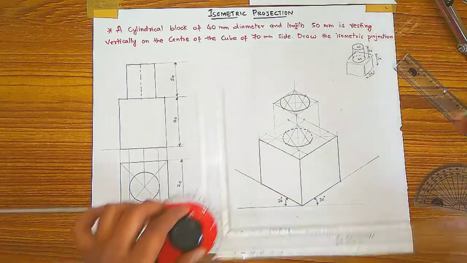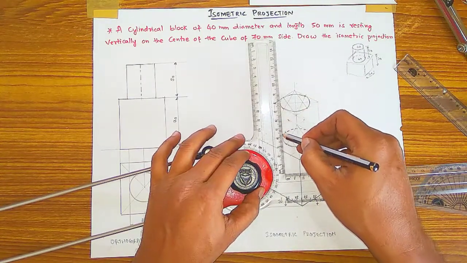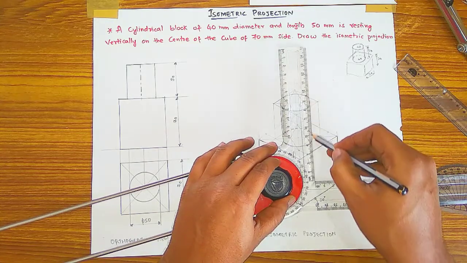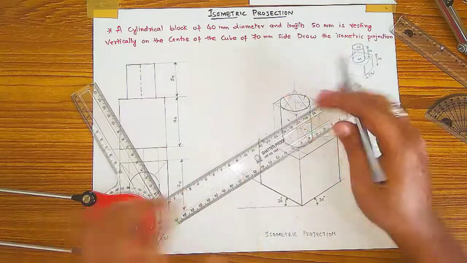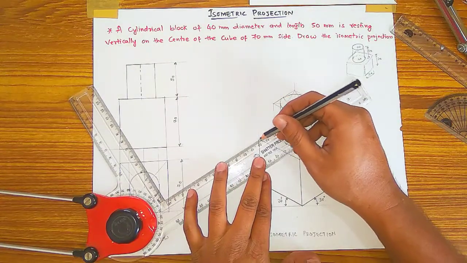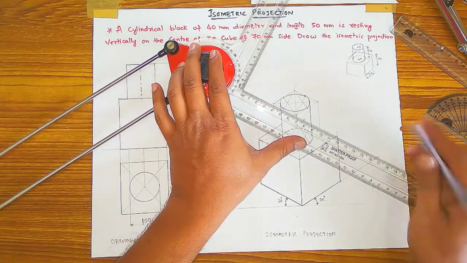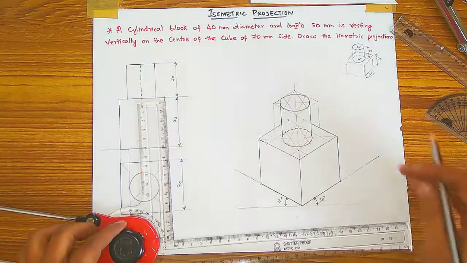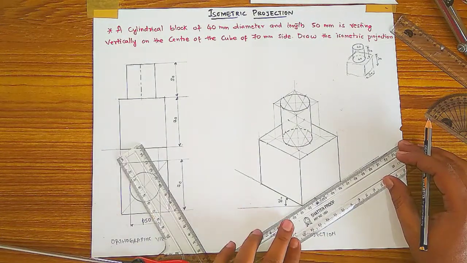Okay, the top section of the cylinder is created. Then draw the lateral edges of the cylinder like this. Okay, and your cylinder is created. Then from the front, the cube, this edge is also visible, so dark it like this.